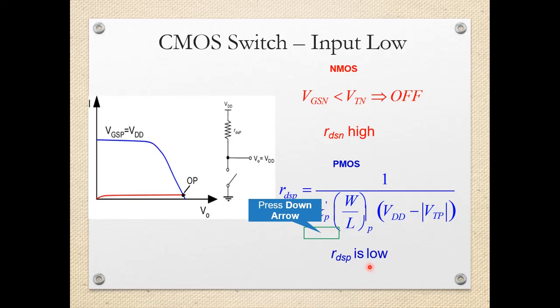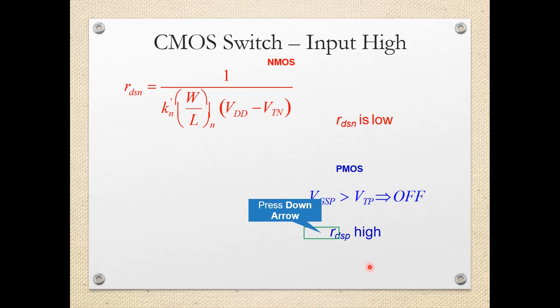In the previous case, VO was VDD minus the drop across this resistor. But now, as it is a switch instead of a physical resistor, the resistance will be very small, and the drop will also be negligible. So this RDS is very small.